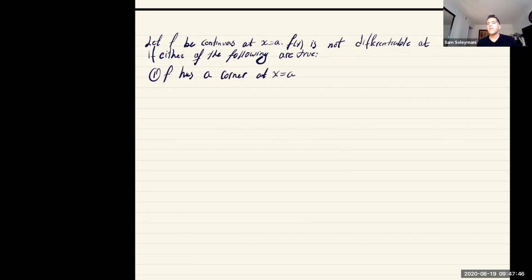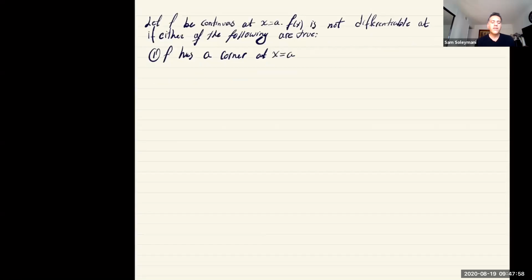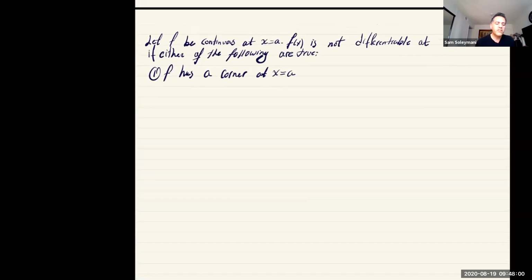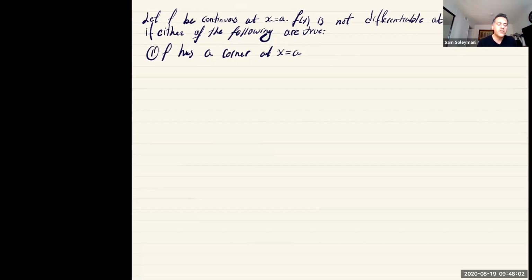Okay, so corner. Let's look at a corner. In the handout, I see that they tell you what a corner means mathematically. I don't want to do that. Let's graph a function that actually has a corner and see what's so bad about it. Okay, so what's a corner?